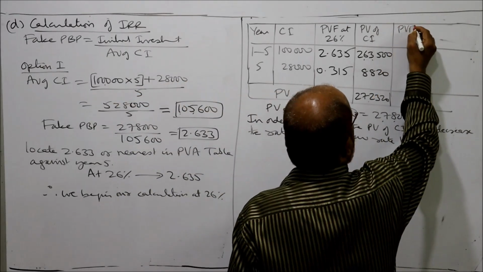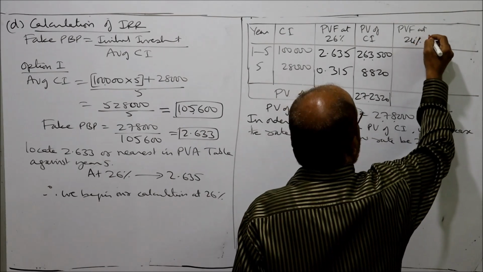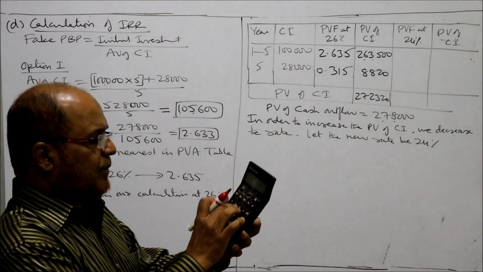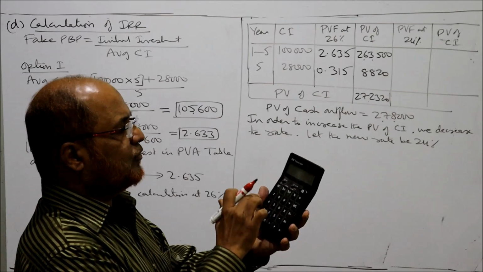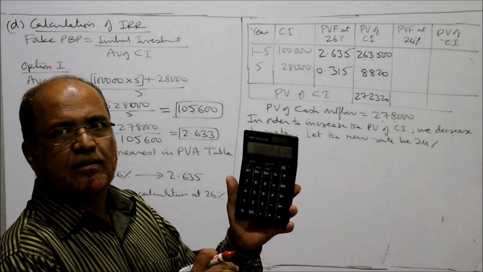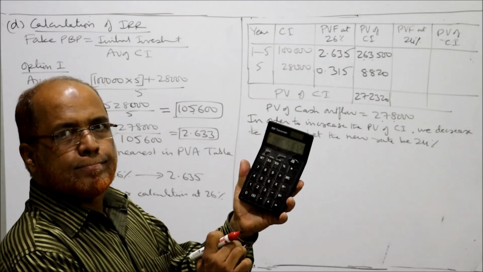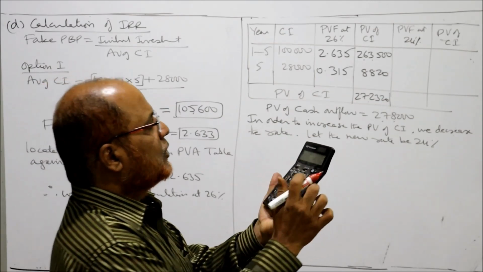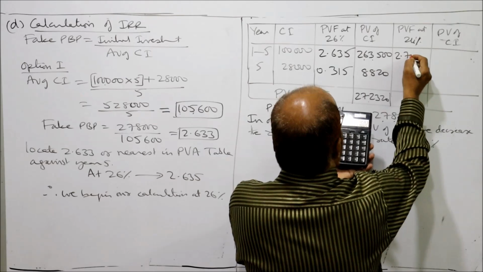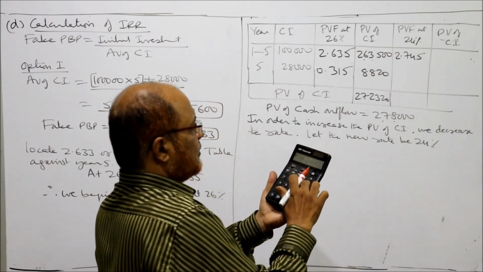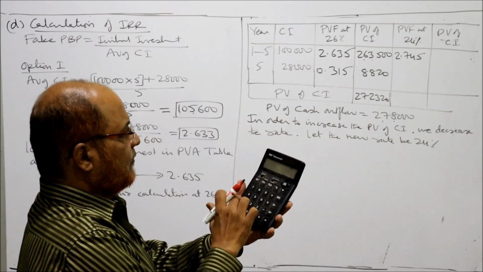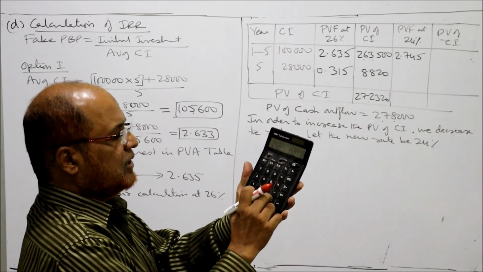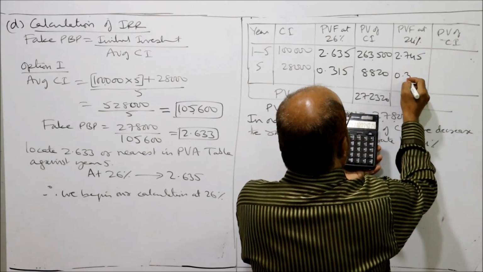So PV factors at 24% and PV of cash inflow at 24%. 1 divided by 1.24, first year, I'll put it in memory, then second year, third year, fourth year, fifth year: 2.745. Then 1 divided by 1.24 for the fifth year: 0.341.